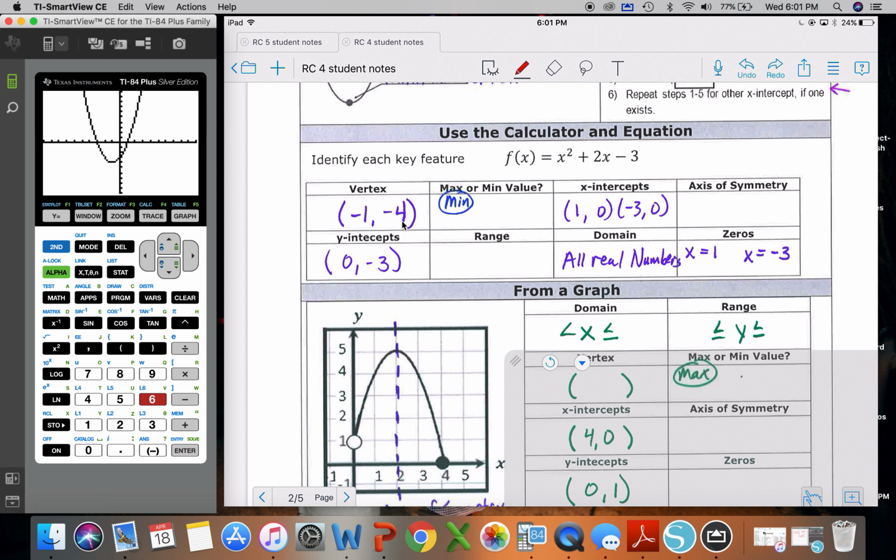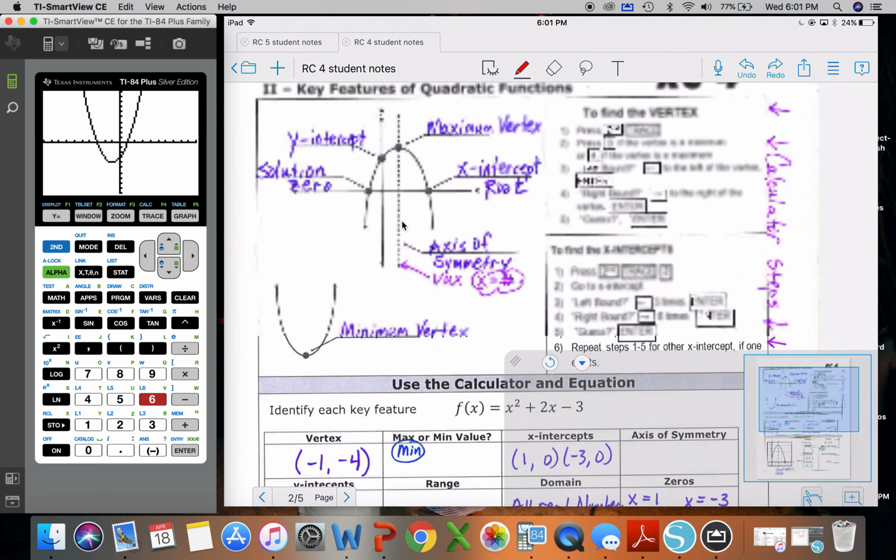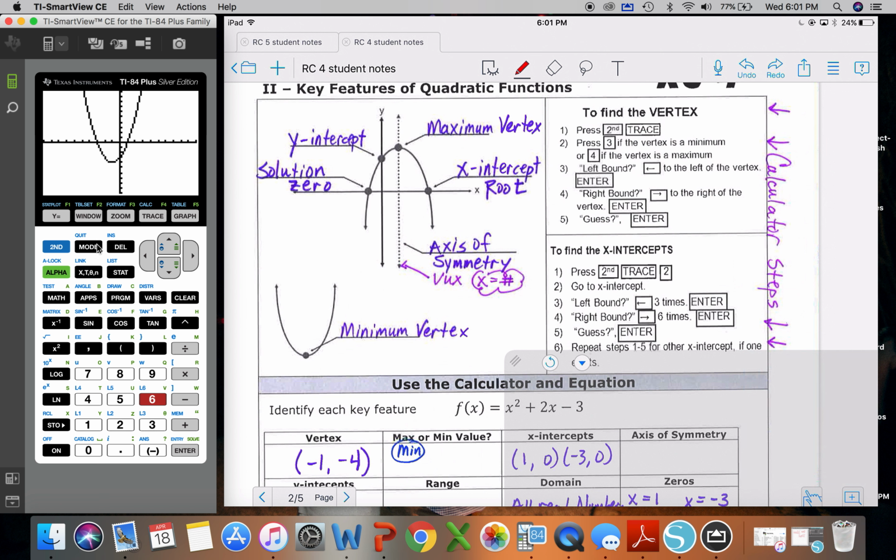To find the vertex, we repeat the steps up at the top. We have a minimum, so I will click second trace 3 for minimum. I move to what I want. My vertex is the farthest or the lowest or highest point.